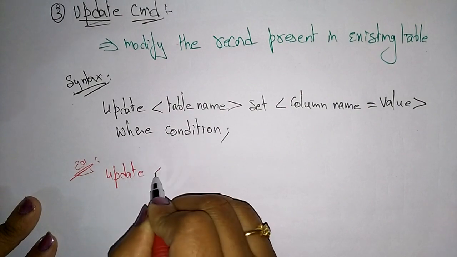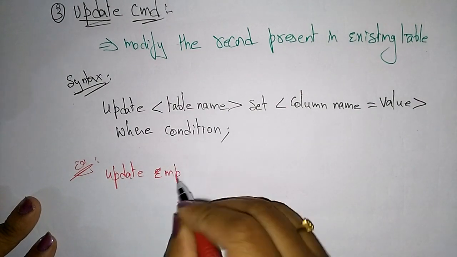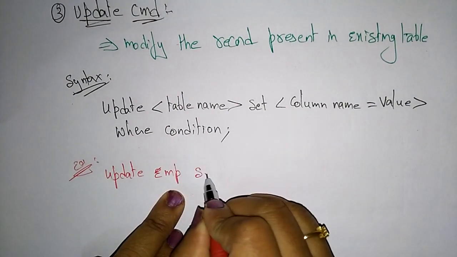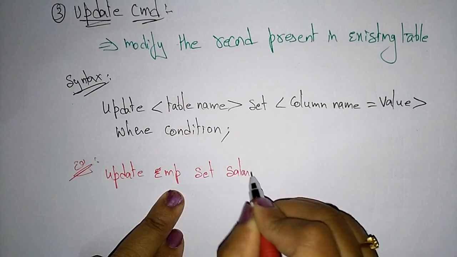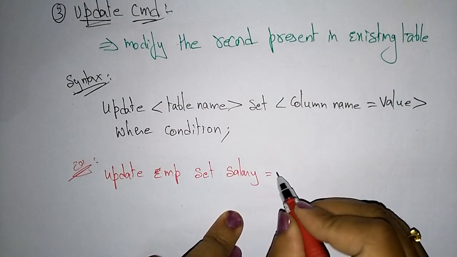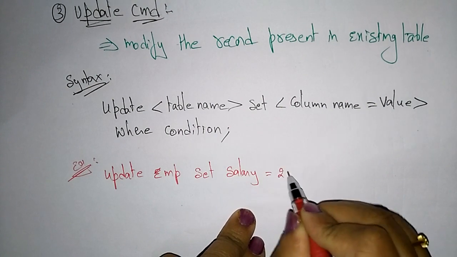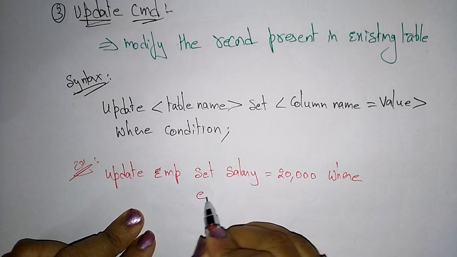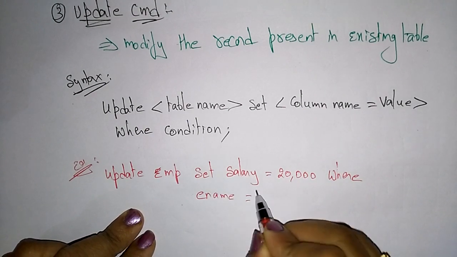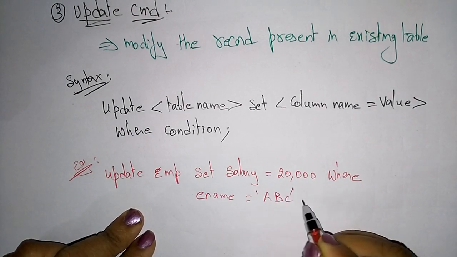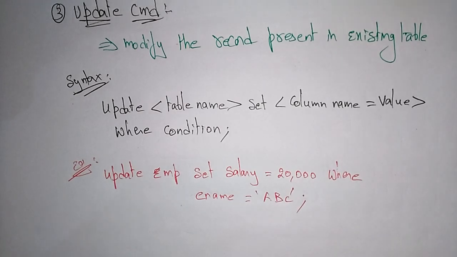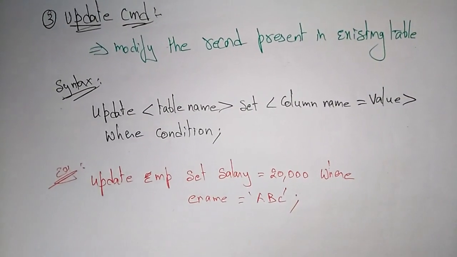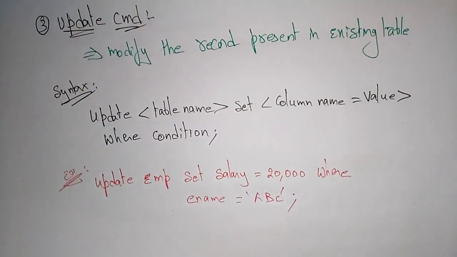Now I want to update the employee table: update employee set salary is equal to 20,000 where E name is equal to ABC. I want to set the salary to that person where E name is ABC.